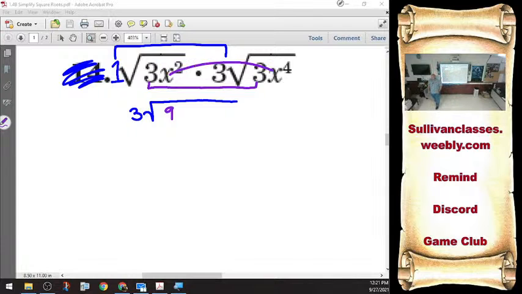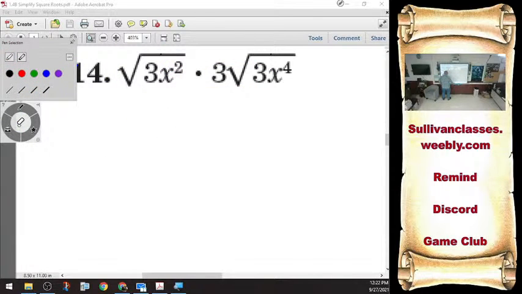Y'all remember what we do with exponent times exponent? Okay, x squared times x to the 4th. Rule number 2. I'm going to add my exponents together. So I can either rewrite the whole thing.